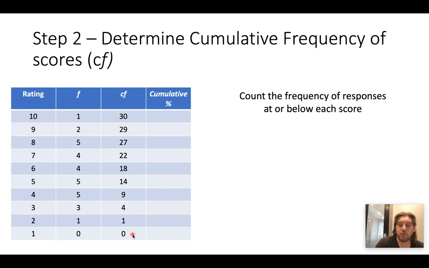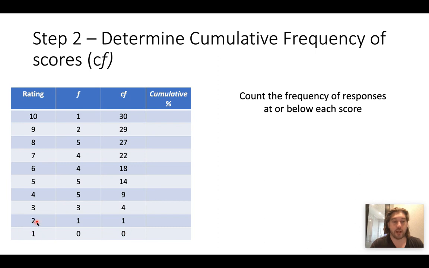So we end up with a cumulative frequency of 0 for the rating or score of 1, because there were 0 students rated as a 1, and 1 is our lowest score, so there's nothing below it. There are 0 scores in this data set at or below 1.